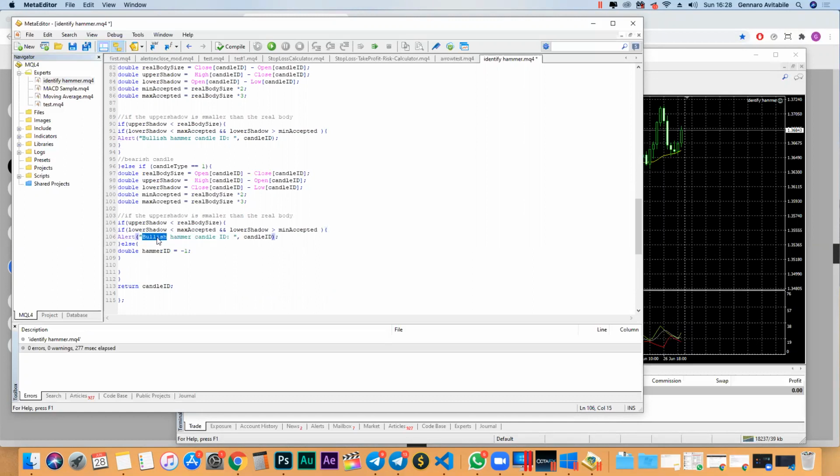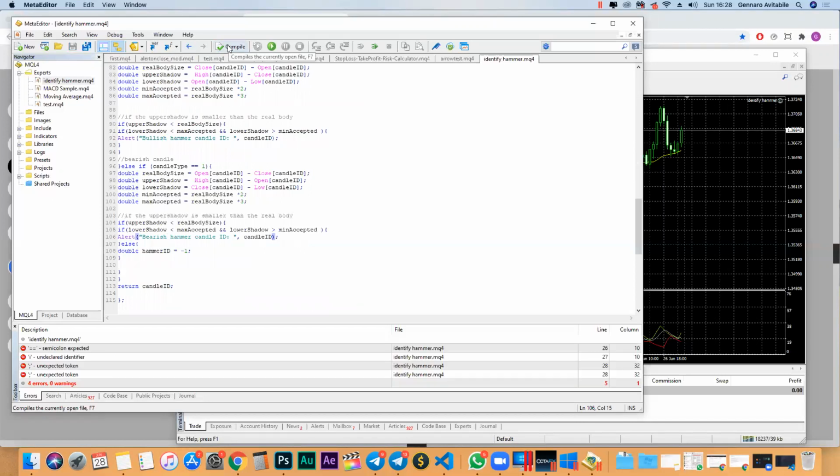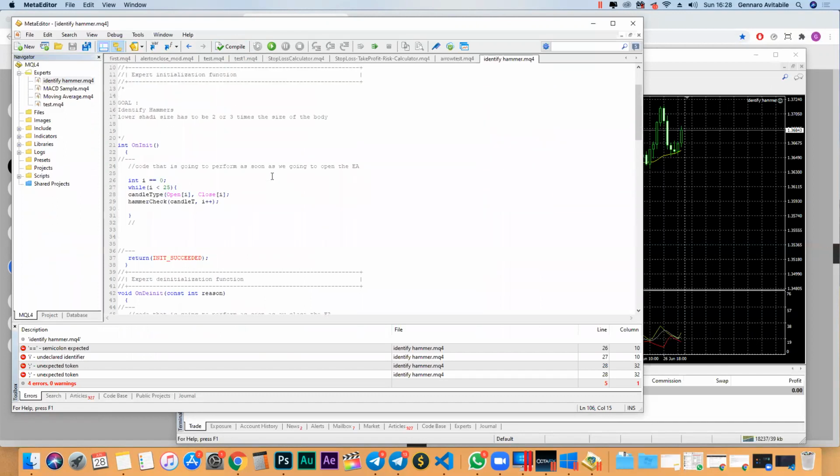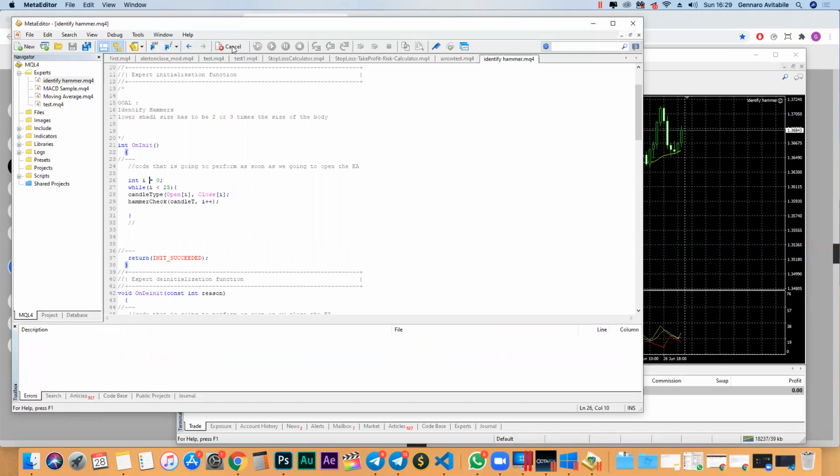And this time it's going to be bearish. Bearish hammer candle ID. Let's compile this. Oh, wow. We have a bunch of errors. All right. Okay. That was a very newbie mistake, but let's compile this.